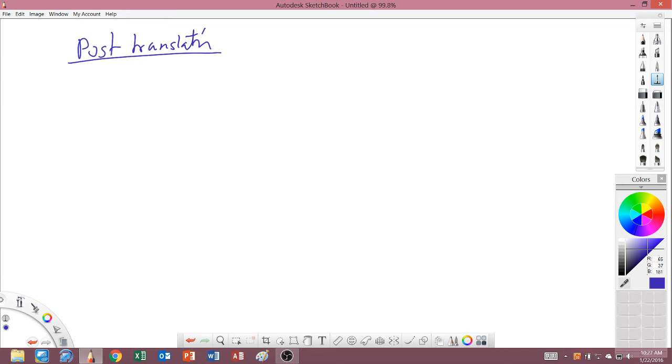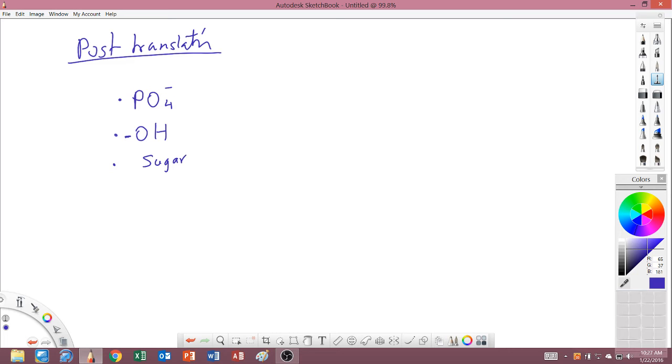Post-translation modification. That is, once you make a protein, you can add a phosphate group to it. It's called phosphorylation. Now you're changing the shape. You can add an OH group to it. It's known as hydroxylation. Okay. You can add a sugar to it.